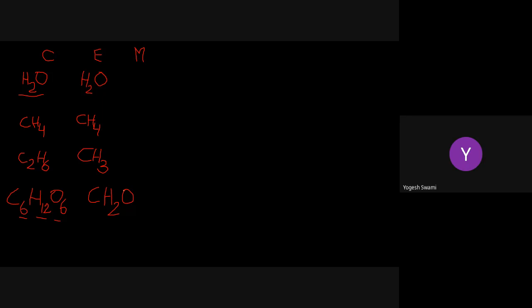Molecular formula tells us how many atoms of a particular element are present in that molecule. But the empirical formula tells us only the ratio in which those elements are present in a particular molecule. So this is the empirical formula and molecular formula.